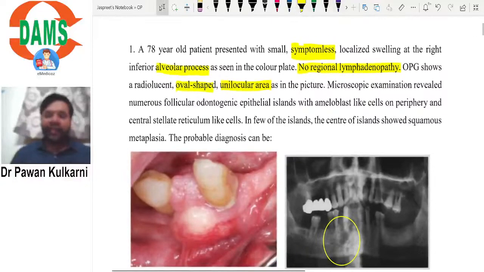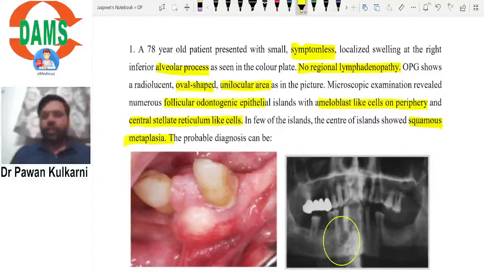Microscopic examination revealed numerous follicular odontogenic epithelial islands. So there are some follicular islands with ameloblast like cells on the periphery and central stellate reticulum like cells. In a few of the islands, the center shows squamous metaplasia. The probable diagnosis?